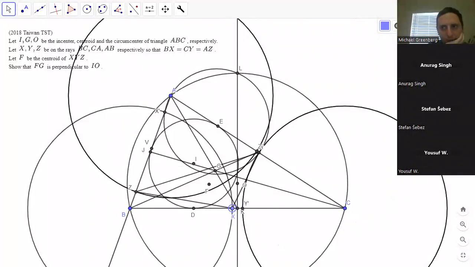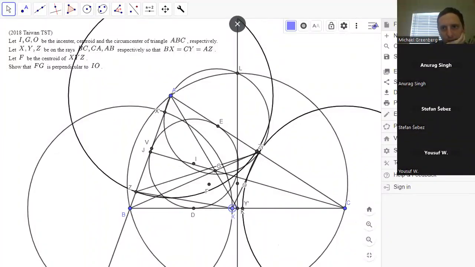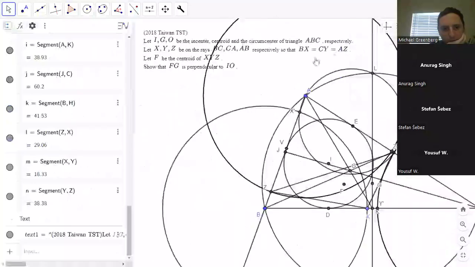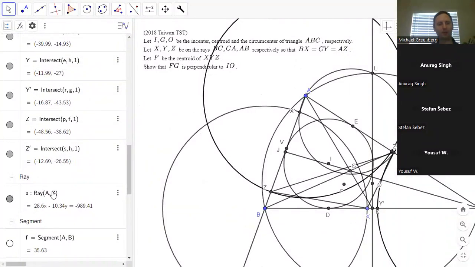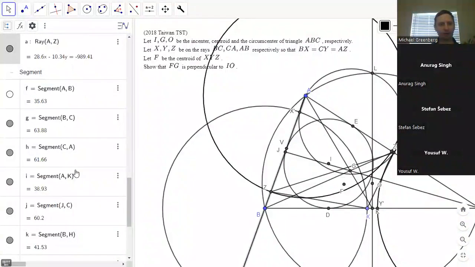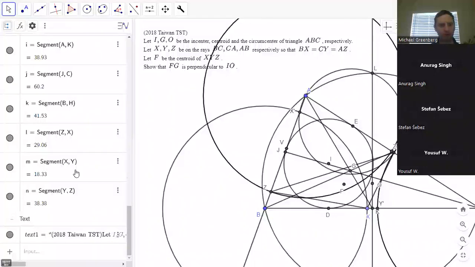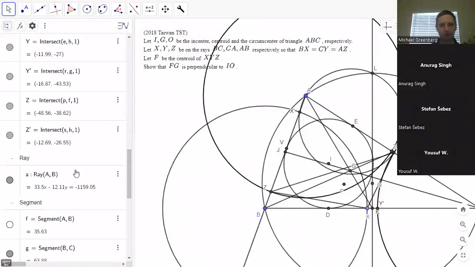I wonder why. Oh, because it's calling this the ray between A and Z. We want this to be the ray from A to B, and then Z, maybe that'll work.